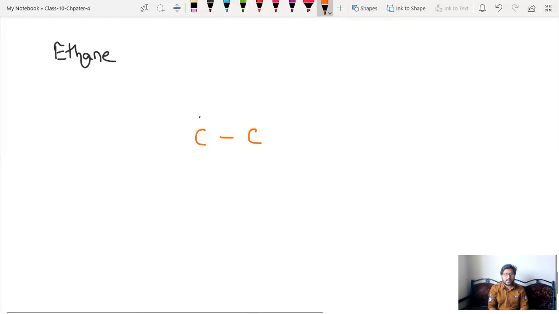Carbon should satisfy 4 valency. 1, 2, 3, 4 is already present. For this carbon, 1 is already there, 2, 3, 4. And if you add hydrogens here, now if they ask you what this hydrocarbon compound is, easily you can say it is 2 carbons, single bond and all hydrogens, it is meth, eth, so it is ethane.